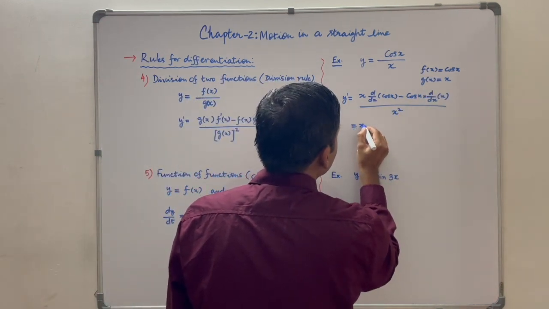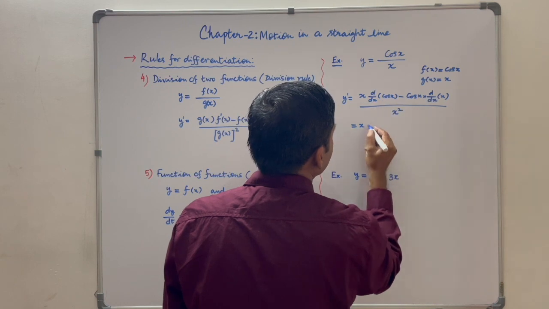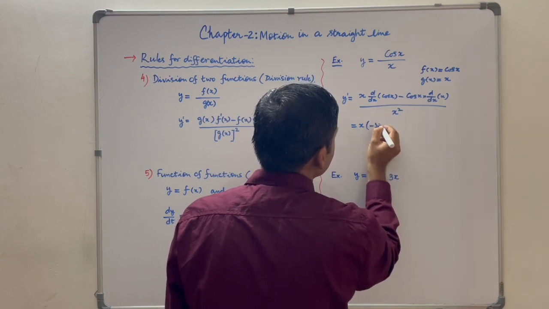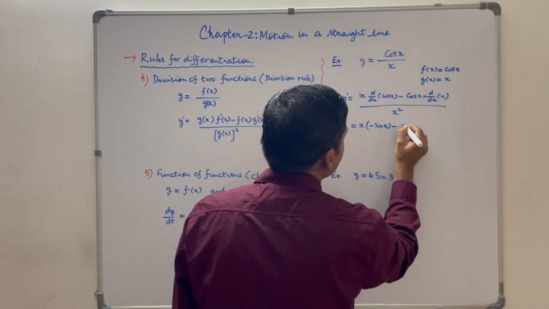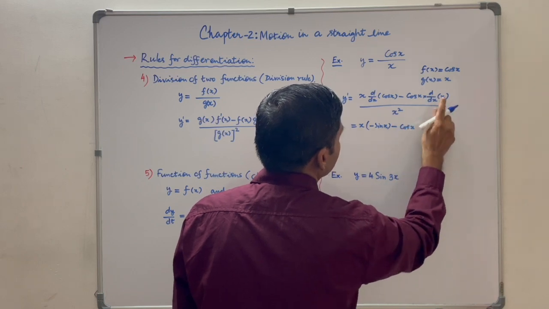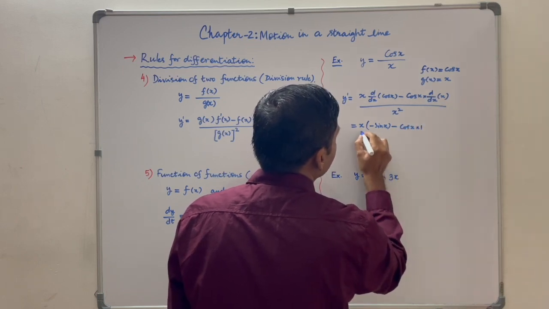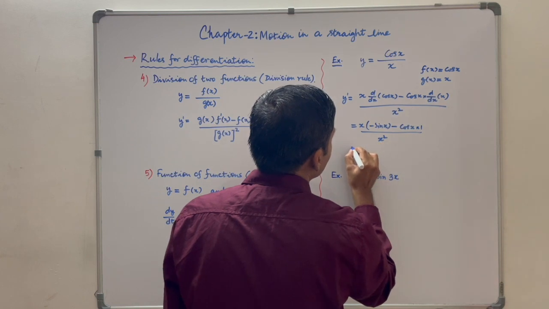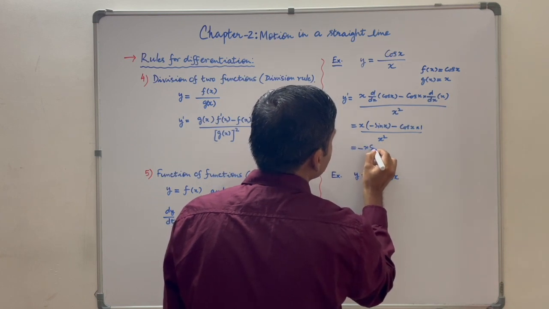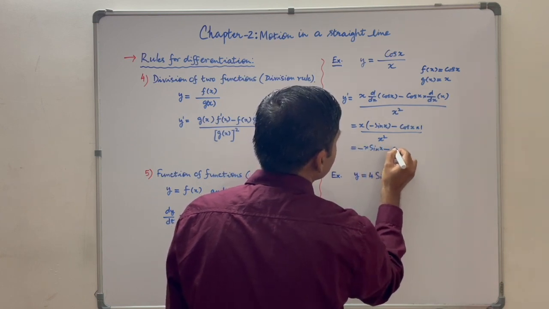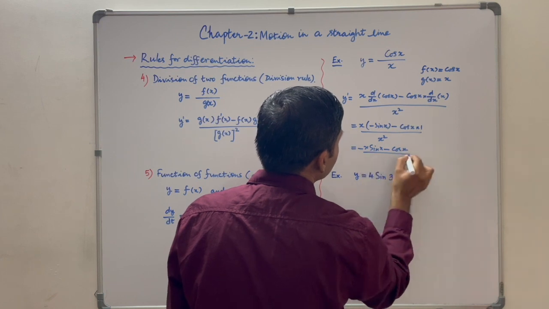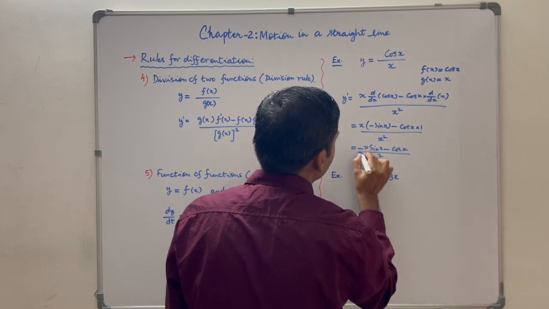So it will be x into d/dx of cos x, which is −sin x, minus cos x into d/dx of x, which is 1, divided by x². So the answer is (−x sin x − cos x) / x².